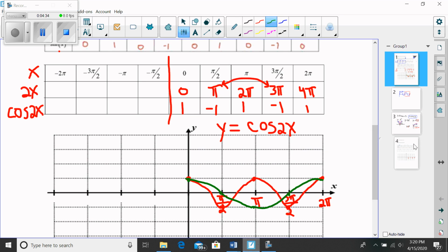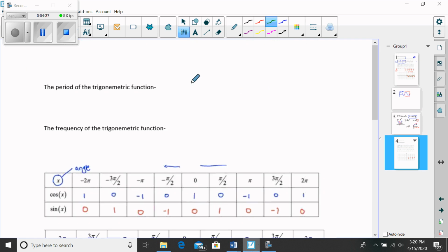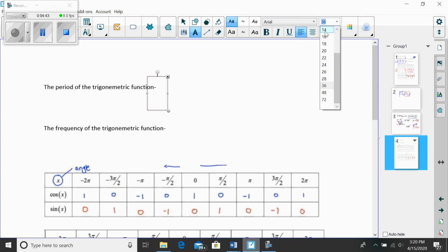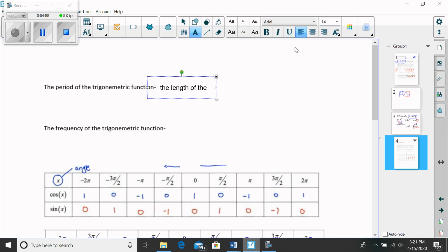Okay, so let's fill in some definitions here, some important words. The period of a trigonometric function, okay? And the period is the length of the interval needed, or the amount of time, or I've also seen it written like the horizontal distance, the length of the interval needed for one complete cycle of the graph.